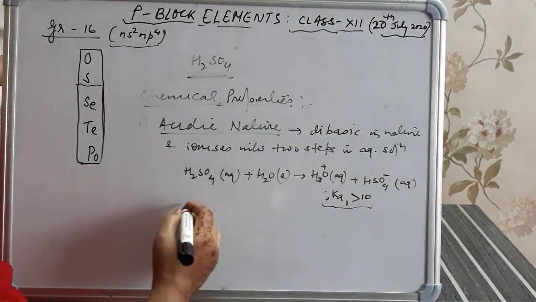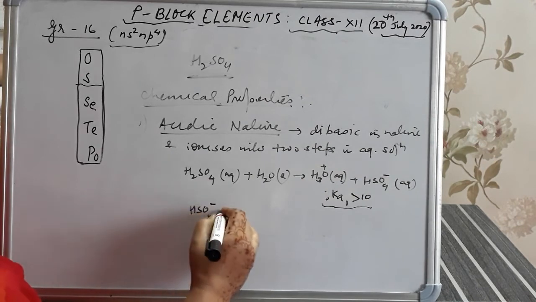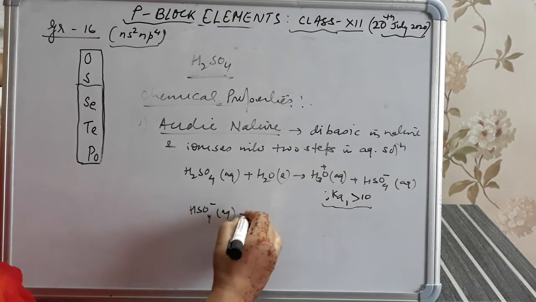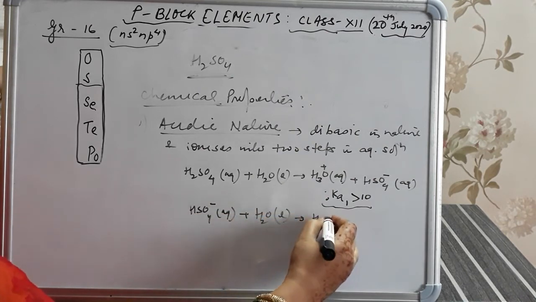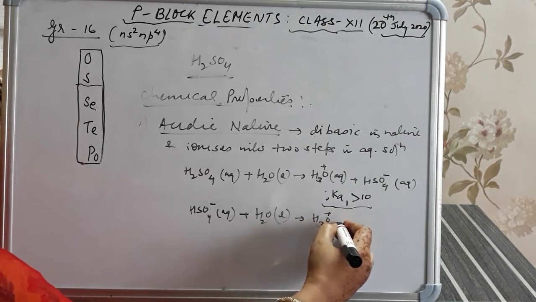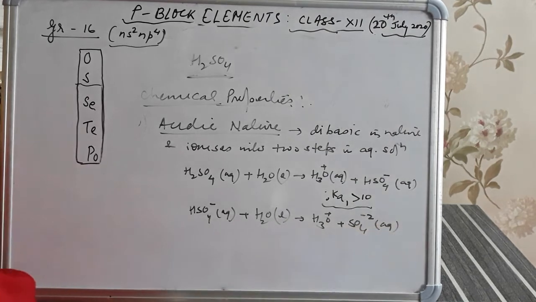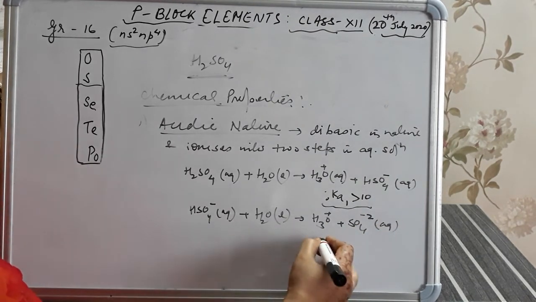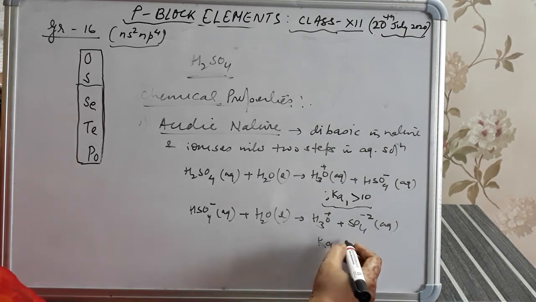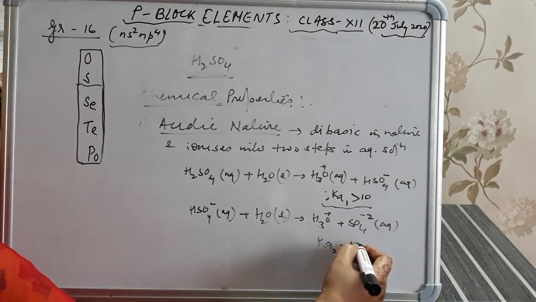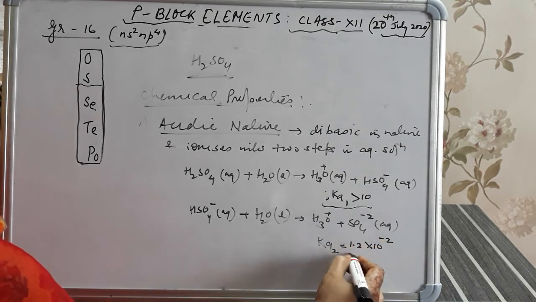Now see the second step: when the bisulfate or hydrogen sulfate ion in aqueous form dissolves in water, it gives a hydronium ion, meaning one more hydrogen, and sulfate ions in aqueous medium. Here the second acid dissociation constant is equal to 1.2 into 10 to the power minus 2.